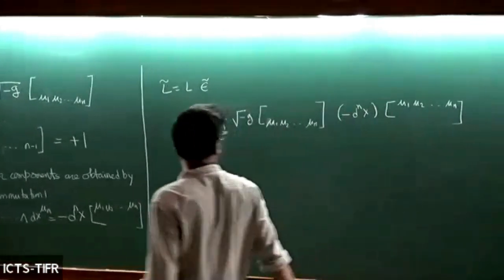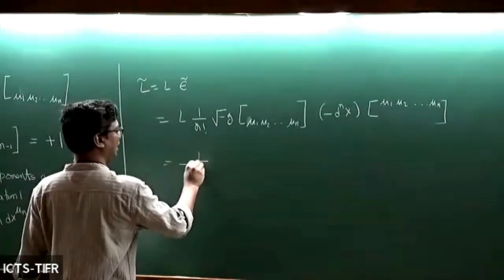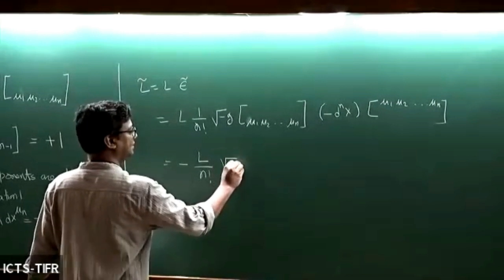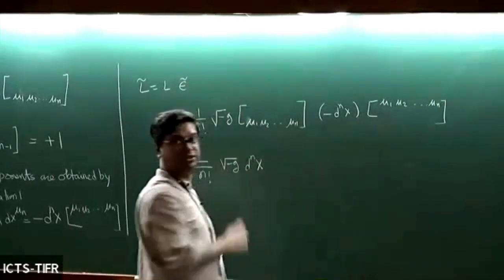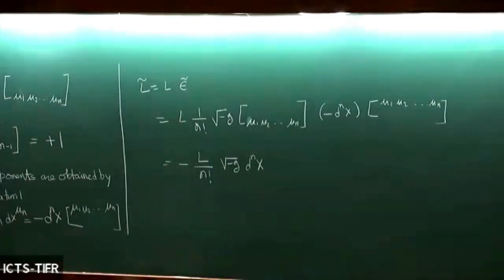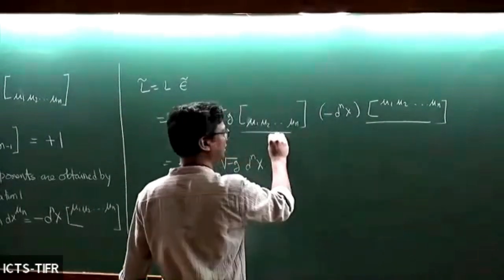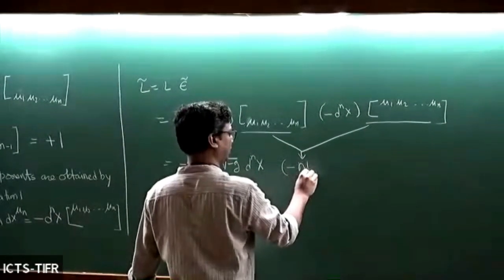Now let's see what will happen. I will have minus L by n factorial square root of minus g d^n x. And then what is this object? If I contract, minus n factorial actually, because of the contraction, figure it out. So this object and this object, this contraction will result in minus n factorial.